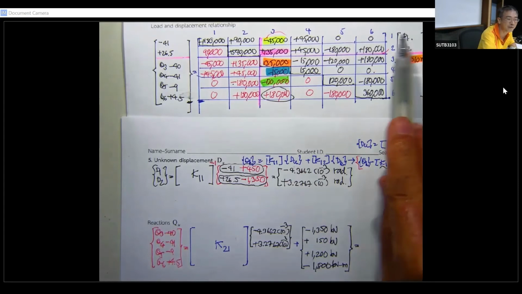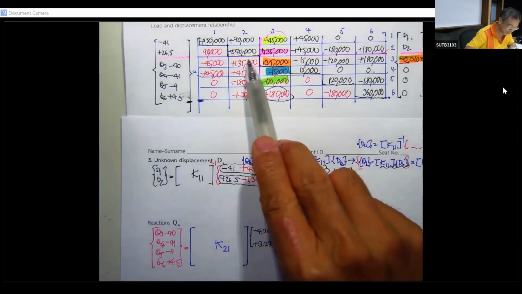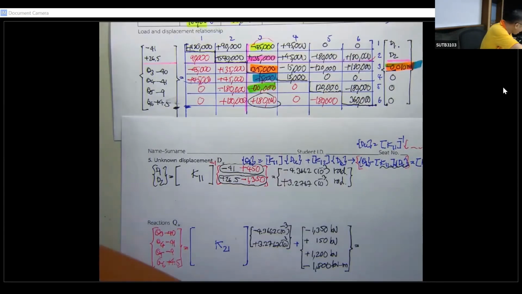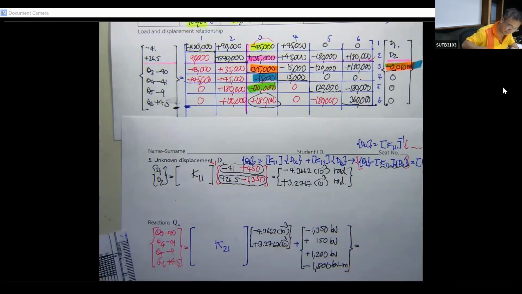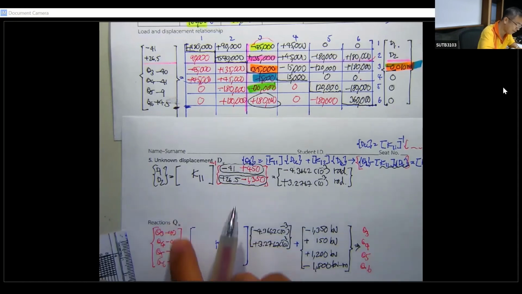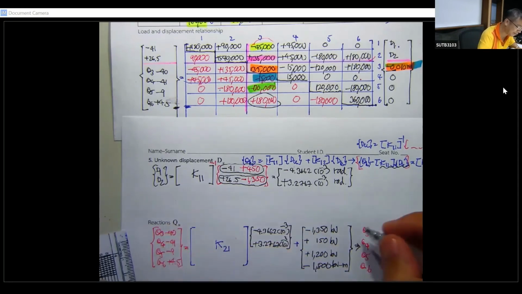You got to do it very carefully. So the last one that you get is going to involve Q3, Q4, Q5, and Q6. Don't forget to move everything to interact with this.